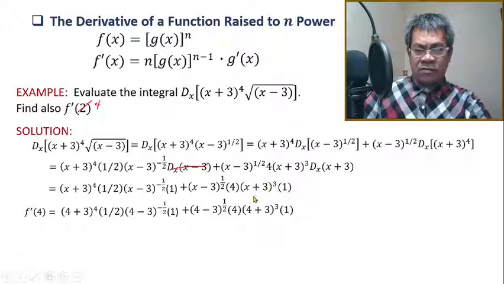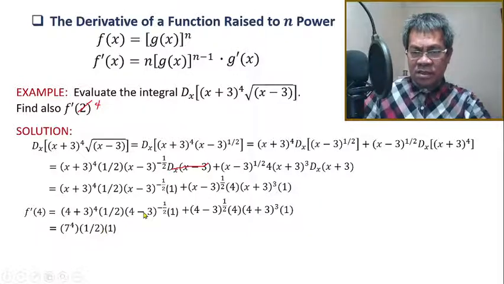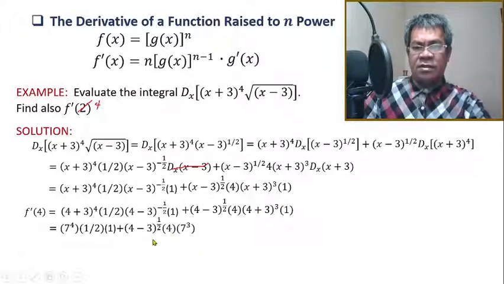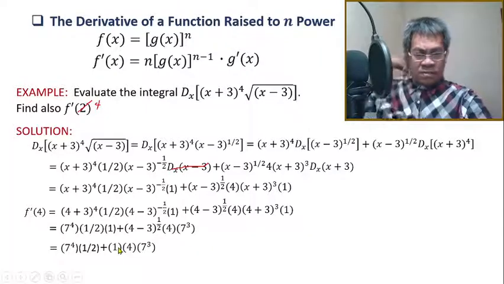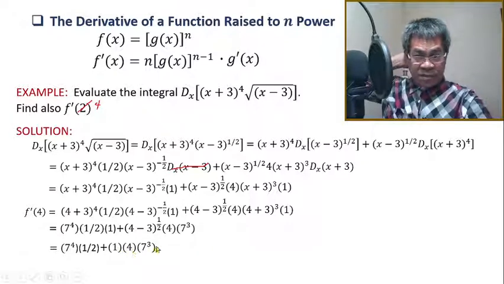And this is 4 plus 3, so this is 7 raised to 3. And this is 1. The next, again, this is 1. This is already 1. So then plus this is 1 again. And this is 4, 7 raised to 3. So this is 4. This is 1. So this is 1. 4, 7 raised to 3.